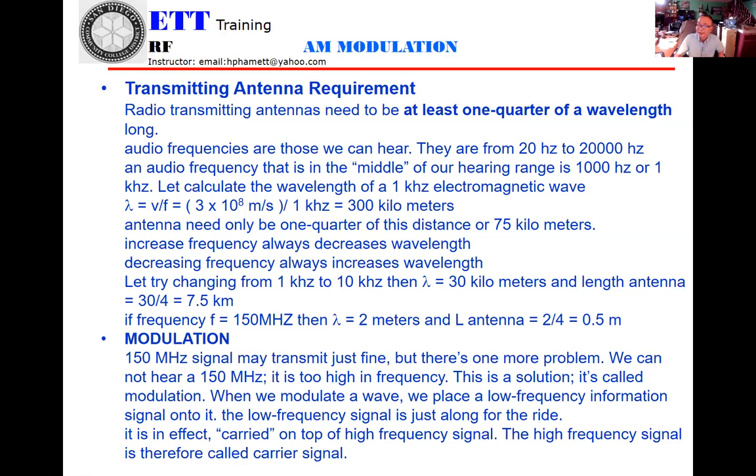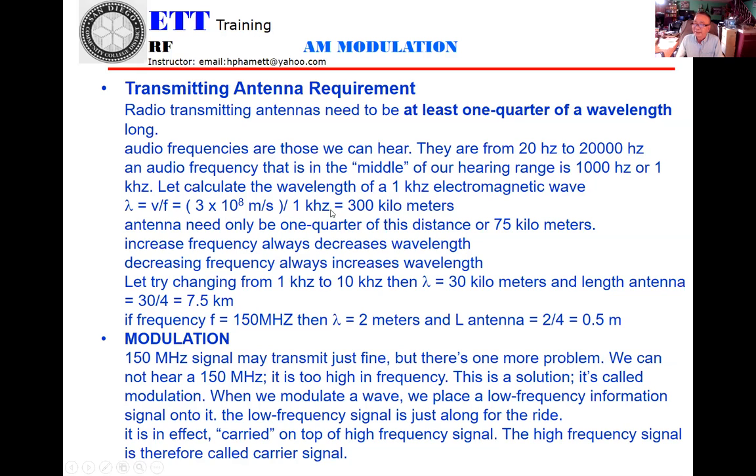Audio frequencies are those we can hear. They are from 20 Hz to 20,000 Hz. An audio frequency in the middle of our hearing range is 1,000 Hz, or 1 kilohertz.